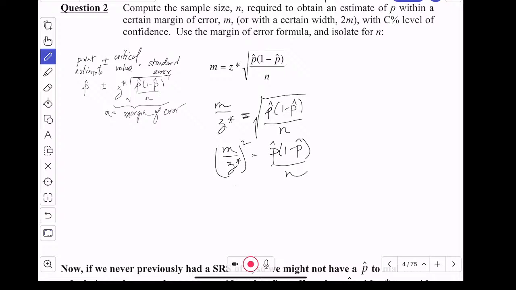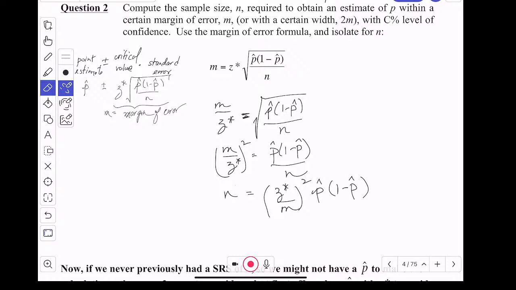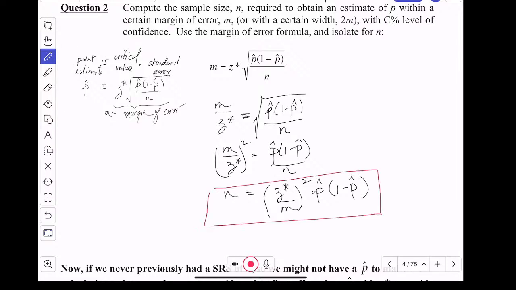And then cross multiply. So that brings n here, and I invert this. And that's my formula. That's the formula for the appropriate sample size, based on some specification of the margin of error.